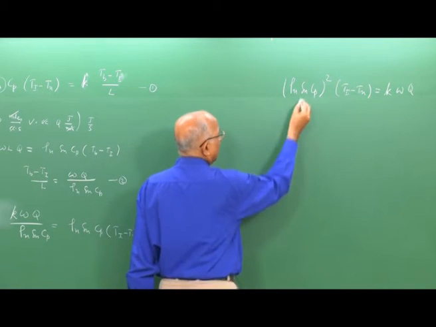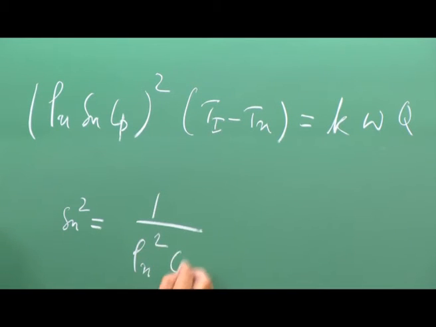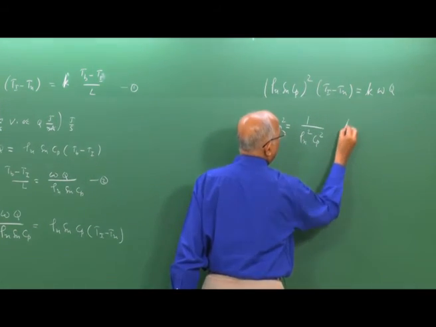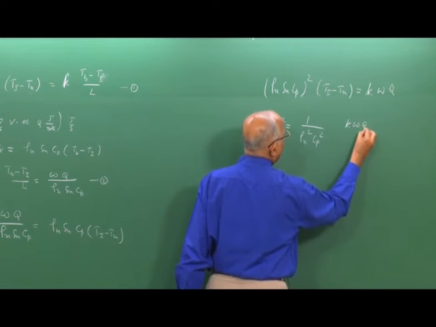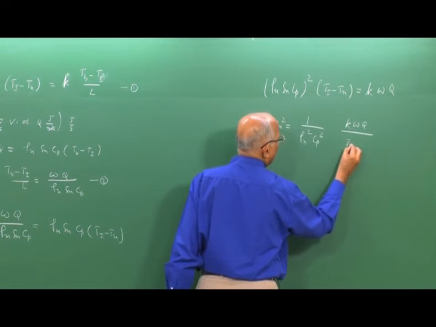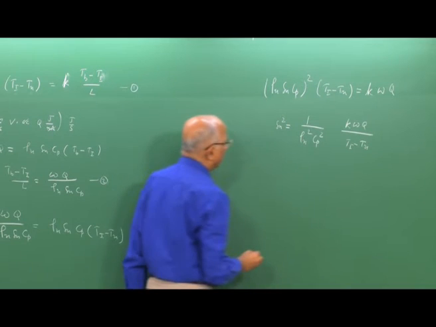Therefore, I get SU square is equal to 1 over rho u square Cp square, and then I also get the value of K omega Q in the numerator on the right hand side, divided by Ti minus Tu.